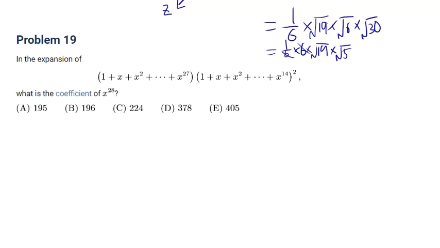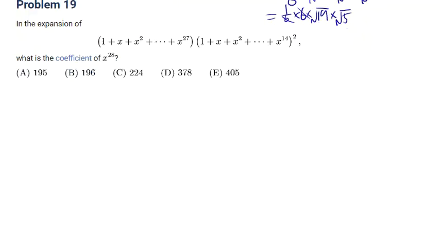Let's look at problem 90 now. It's an expansion of this. What's the coefficient of x to the 28?